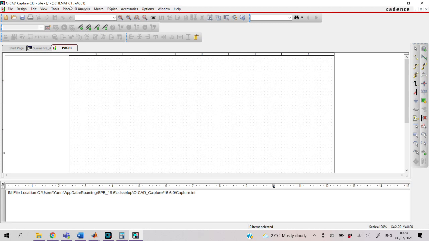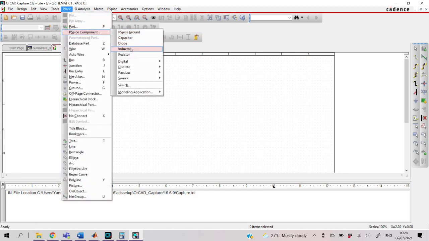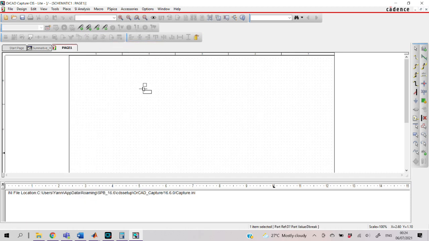Let's go to Place, PSpice component, and add our diode. Since it is a bridge rectifier, we should add 4 diodes. As we can see, the 4 diodes are already added.